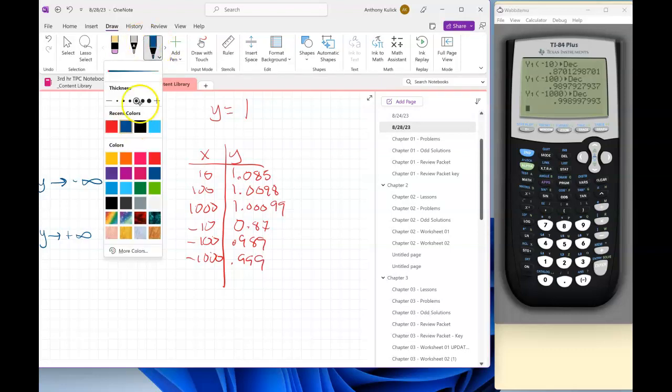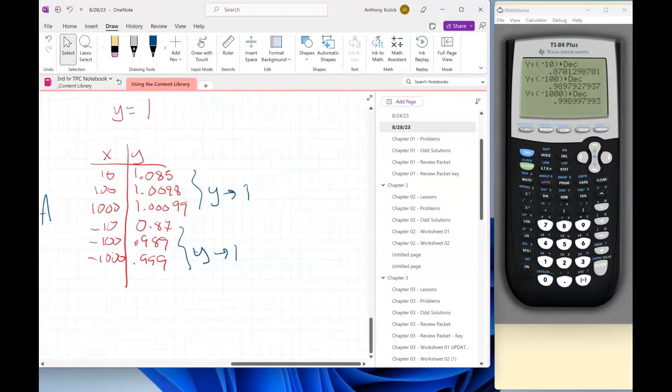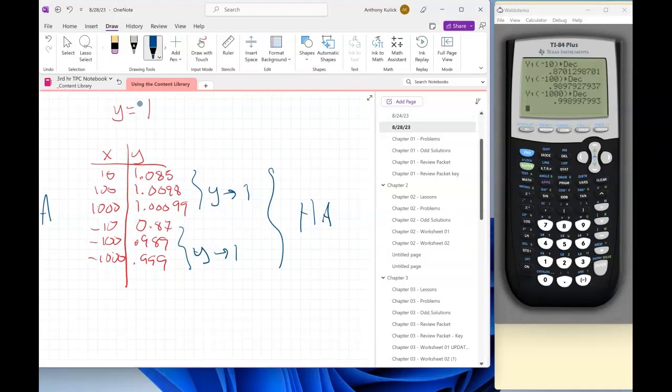So here we get y's heading towards 1. Since those are both heading towards the same finite value, that's telling me we're getting the horizontal asymptote.